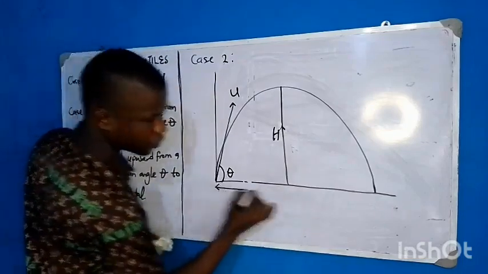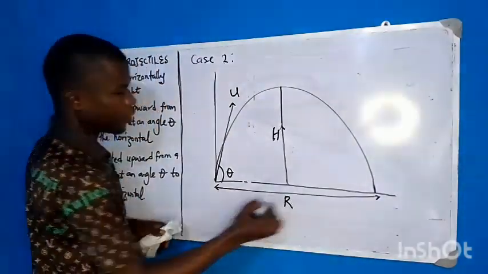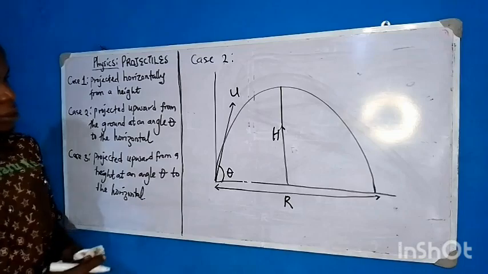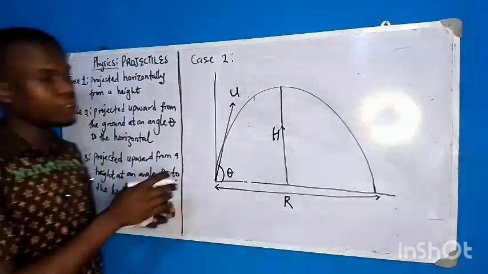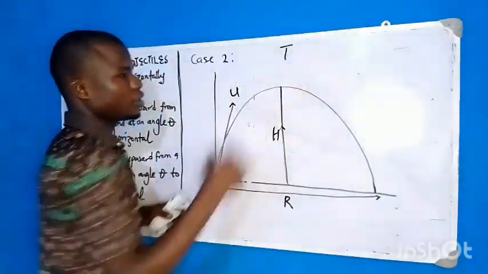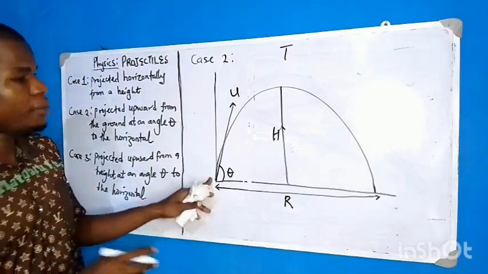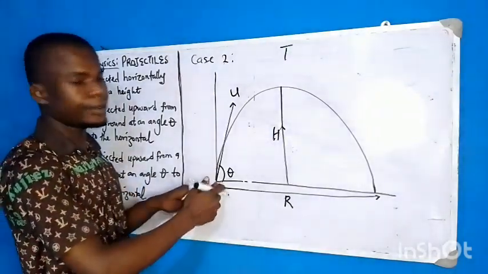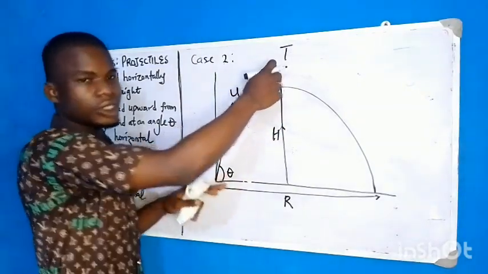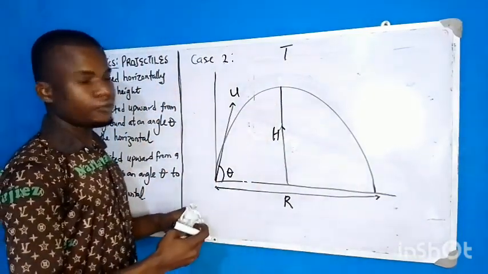From the point of projection to the point of landing, we have the range r. In this case, we are going to derive three things. First is the time of flight, capital T. We use capital T because the time it takes for the object to move from the ground to the maximum height is the same as the time it will take to get back down to the ground.